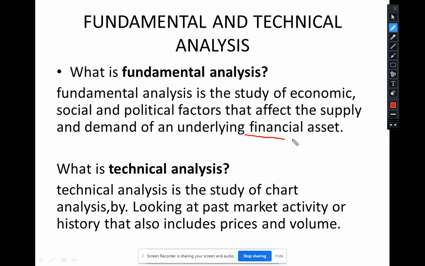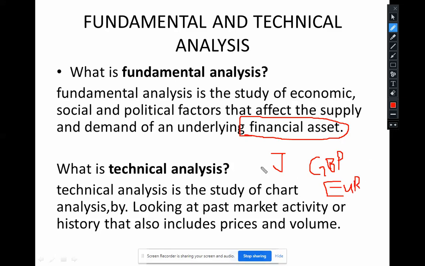Underlying financial asset such as USD, such as AUD, such as JPY, such as GBP, such as Euro.